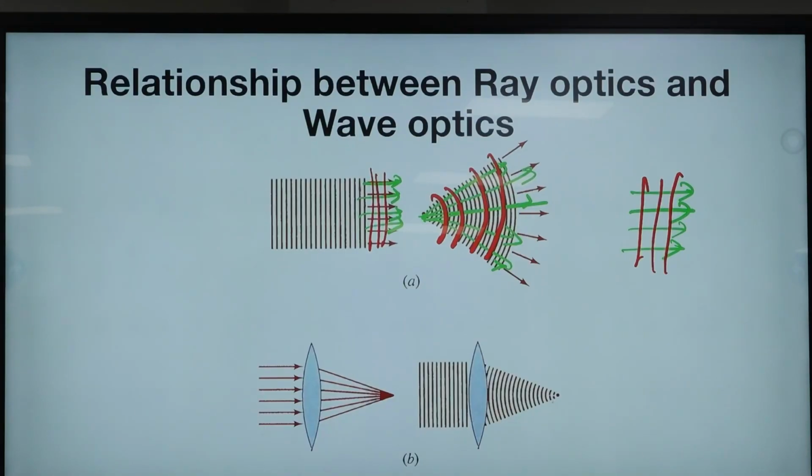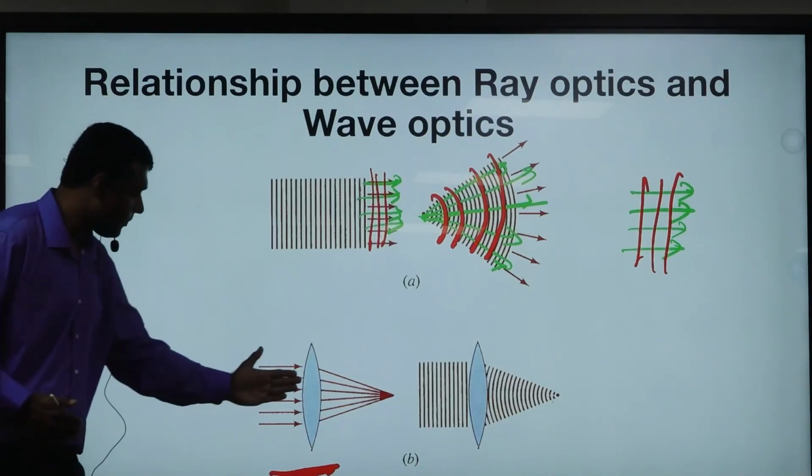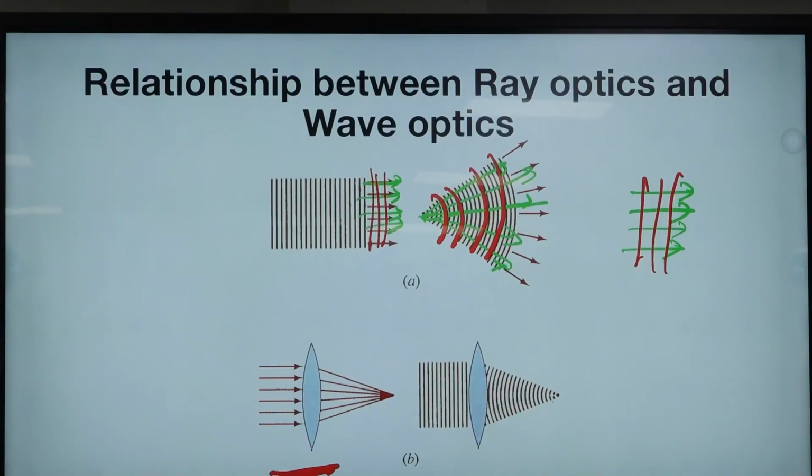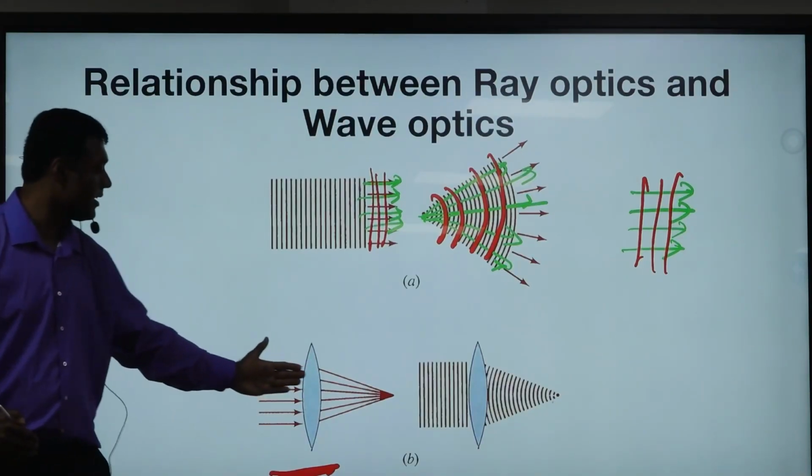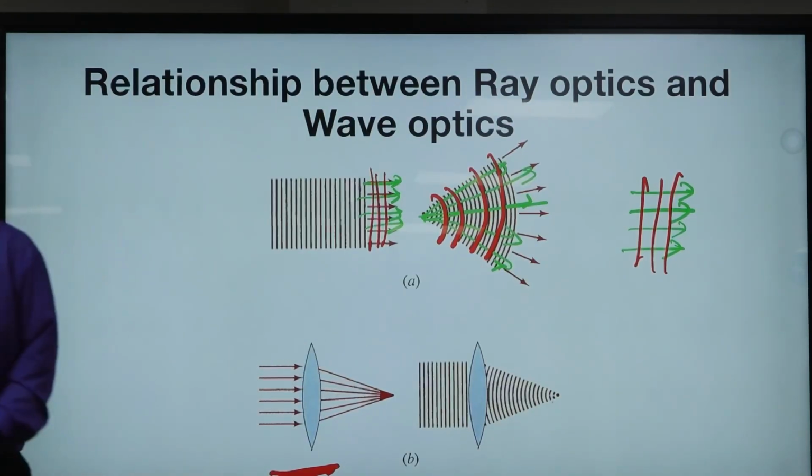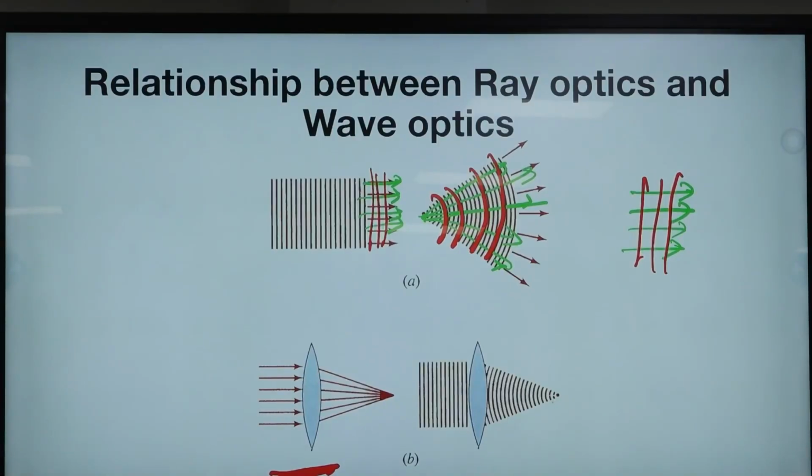So there is this important connection between ray and wave optics. Similarly, for the lens case, last class we derived the lens equations. If you have parallel rays of light coming in and falling on a lens, it focuses to a point, right? We saw that in the last class. So basically, we can use the same wave optics picture.